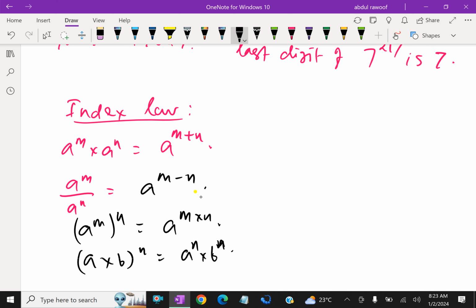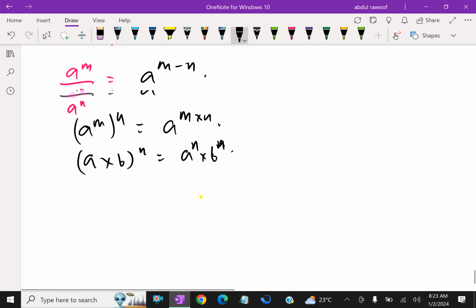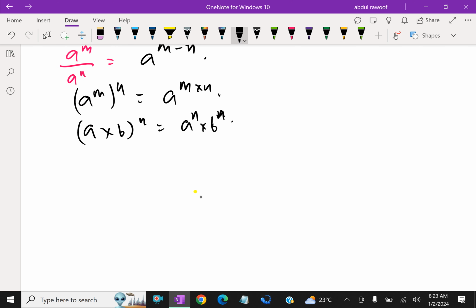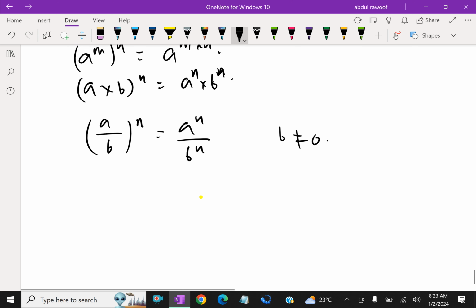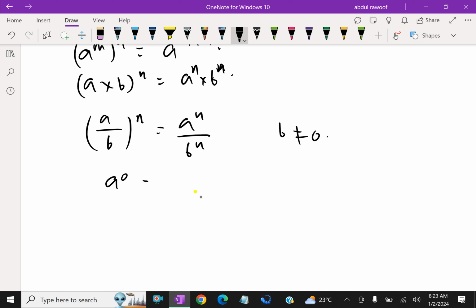Next is a over b, whole power n, equal to a power n divided by b power n. Here b is not equal to 0. Then anything power 0 is always 1, where a is not equal to 0.